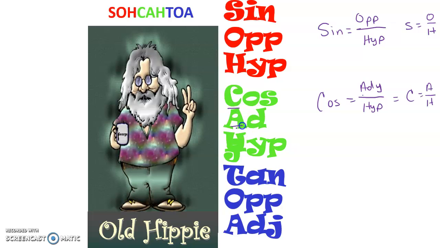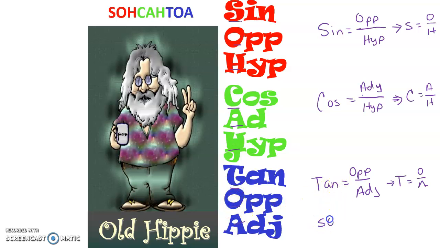That's the C, the A, the H. This S is sine over opposite and hypotenuse. Sine equals opposite over hypotenuse. And then our tangent ratio is our opposite over our adjacent. So tangent is opposite over adjacent.